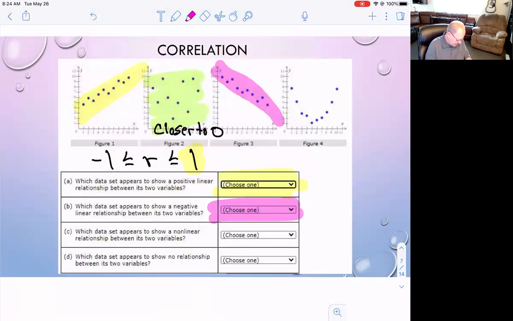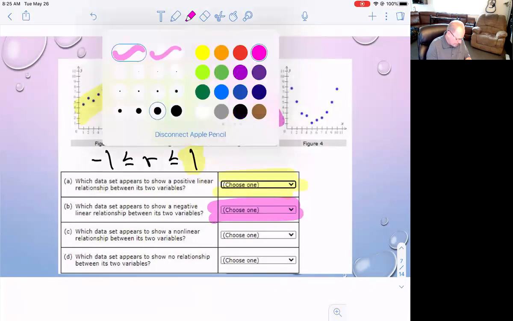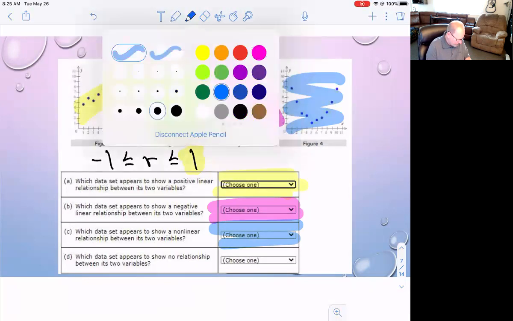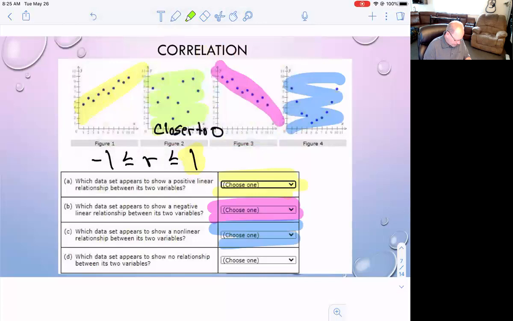Which data set appears to show a non-linear relationship? Non-linear. Do you see the parabola there? I would call that non-linear. And which data set appears to show no relationship? I would say the one that I made green shows no relationship.